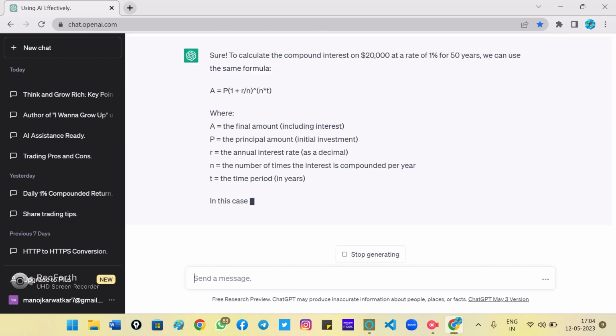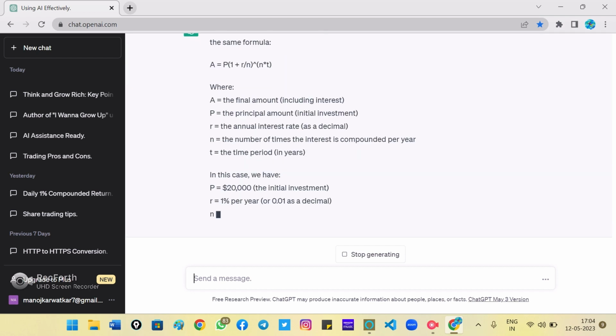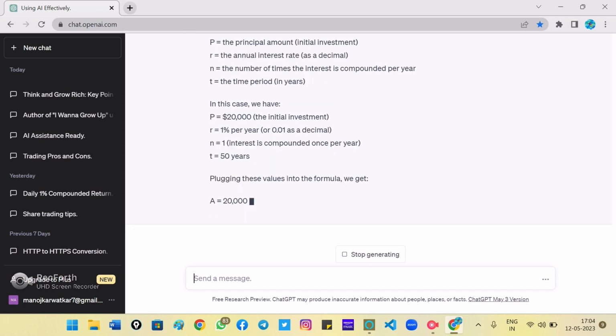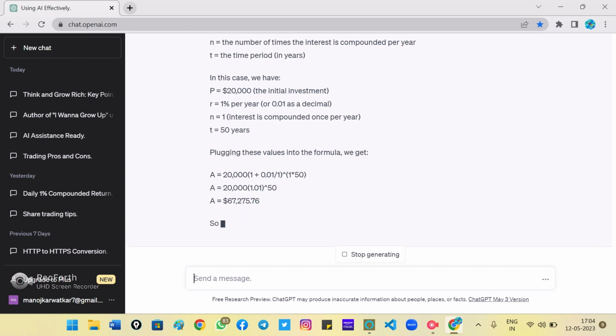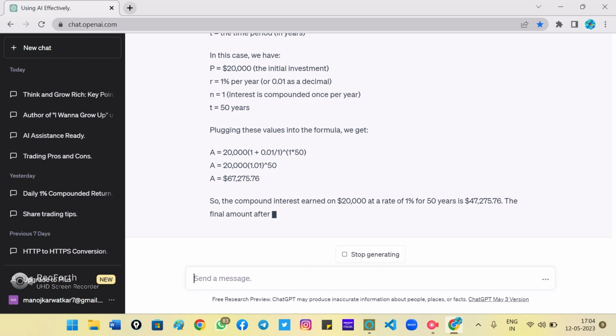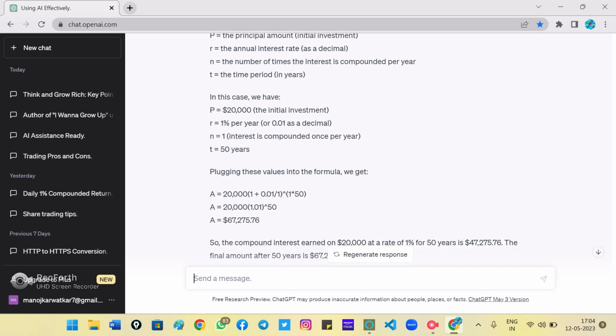So anything we can say, it is up to us how clearly and effectively we are asking. It is just a kind of robot. So 20,000 turns into 67,270.76 rupees in the next 50 years, right?